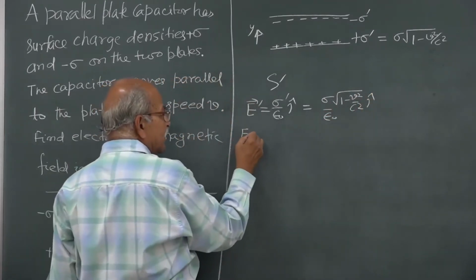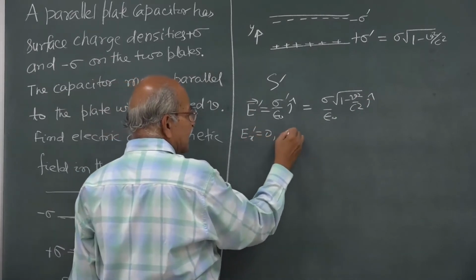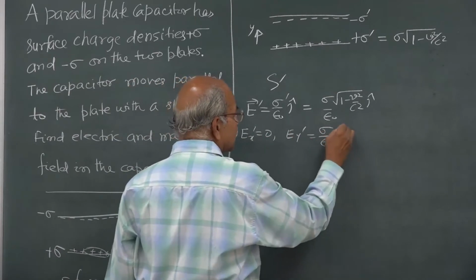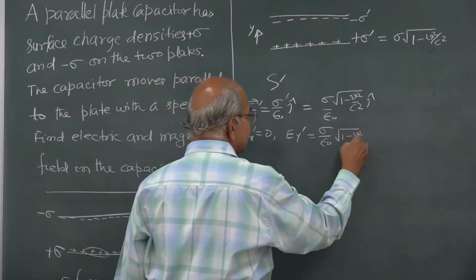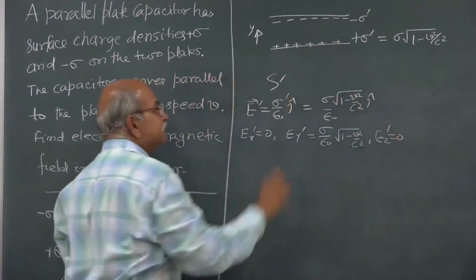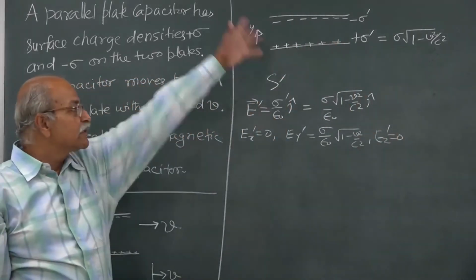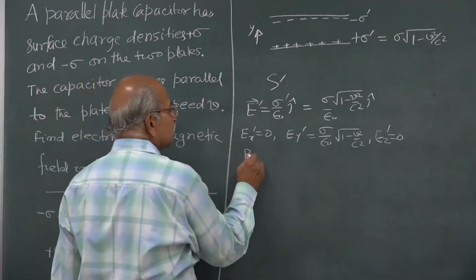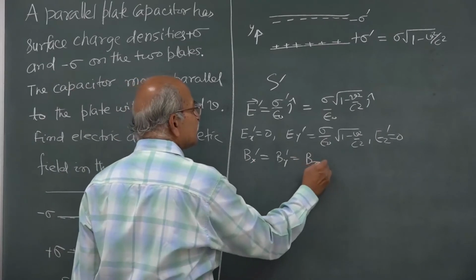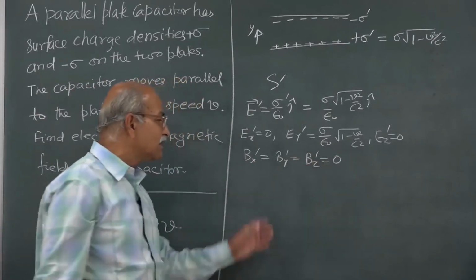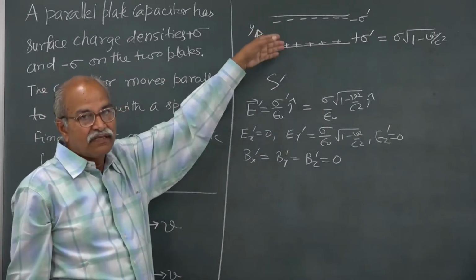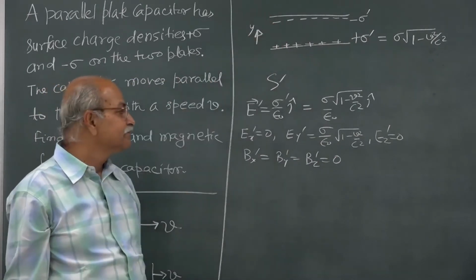So, Ex prime is 0 and Ey prime is sigma by epsilon naught square root 1 minus v square by c square, and Ez prime is 0 in this frame, and B is 0. So, all components of B are 0, Bx prime equal to By prime equal to Bz prime equal to 0. All components of the magnetic field are 0, there is no motion here. So, no question of magnetic field.